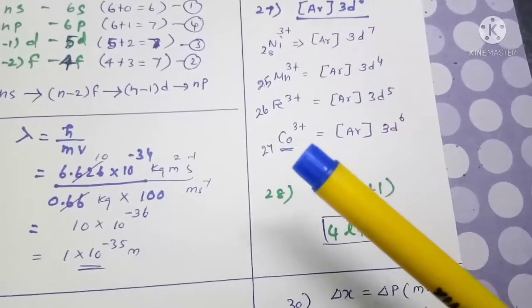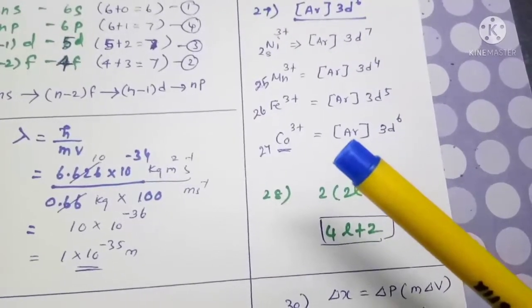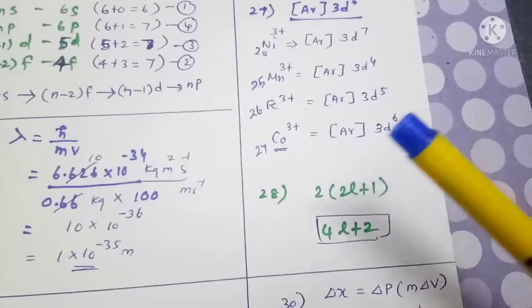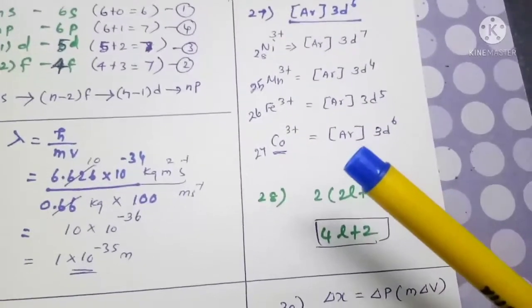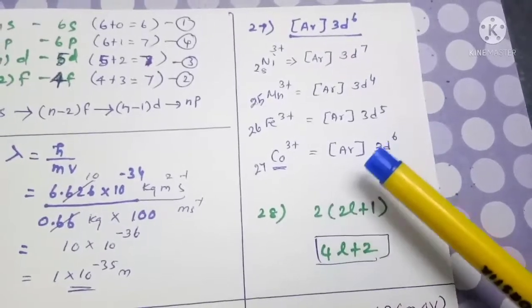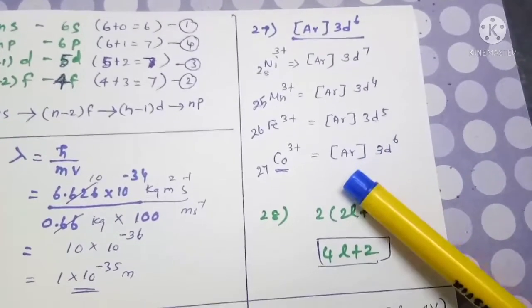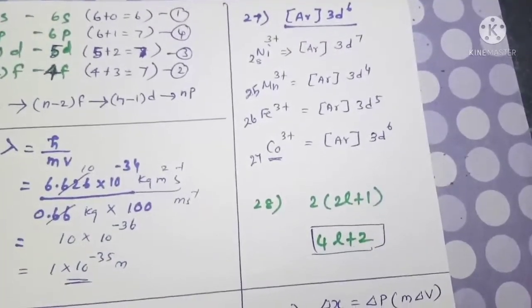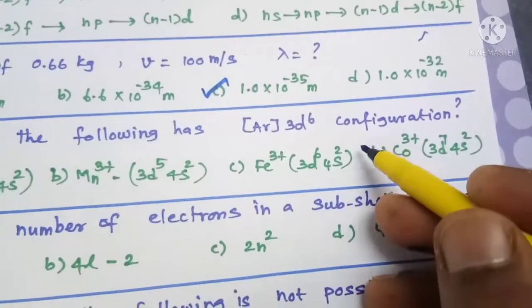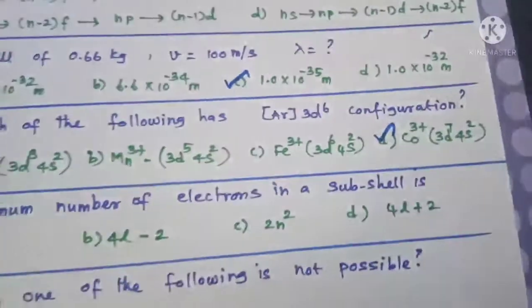Cobalt has atomic number 27, so it has the configuration argon 3d7 4s2. So cobalt 3 plus has argon 3d6 configuration. The last one, cobalt 3 plus ion, has the electronic configuration of argon 3d6. So that is the answer: the last option, cobalt 3 plus ion.